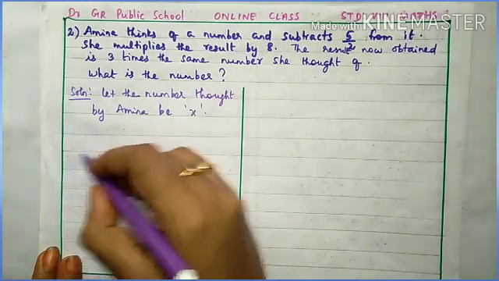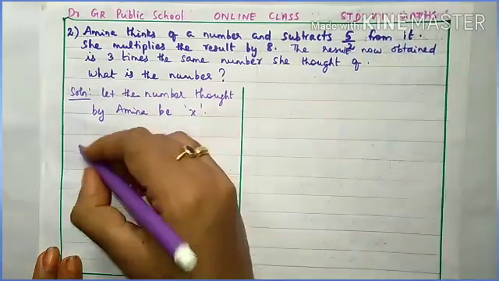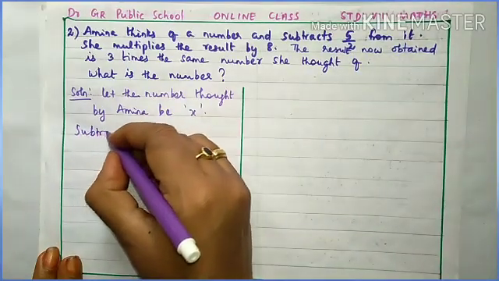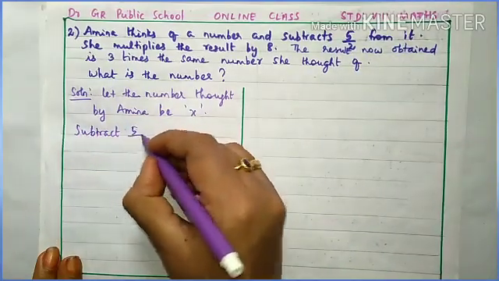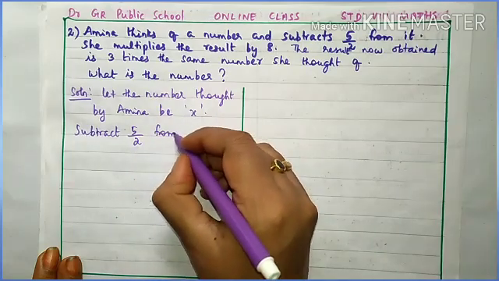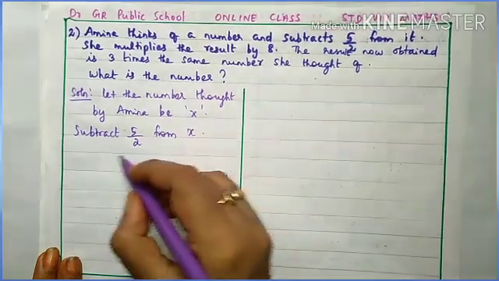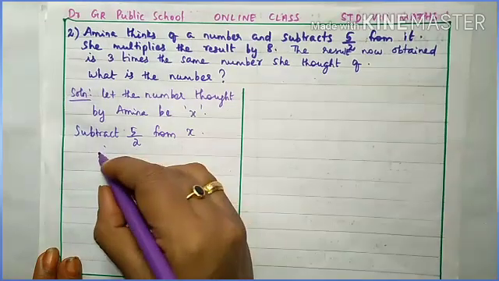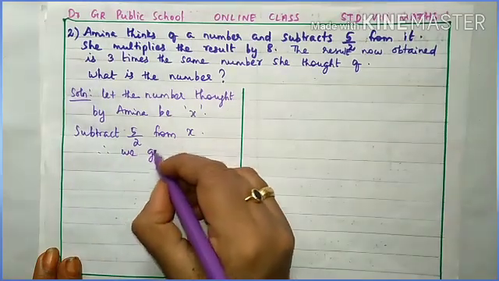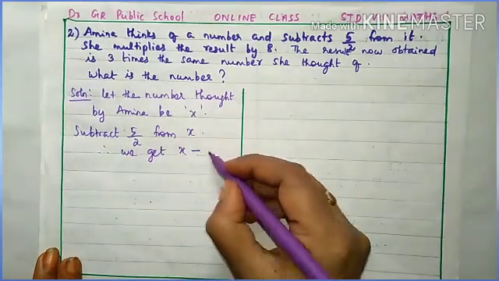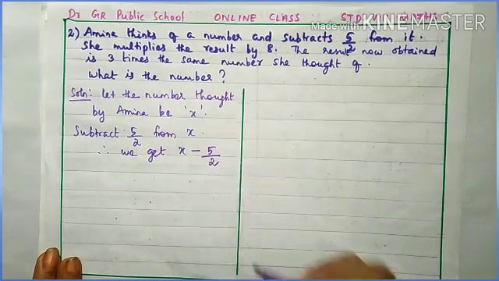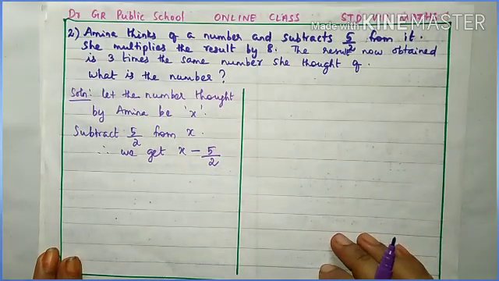Okay, now subtract 5 by 2 from it. So subtract 5 by 2 from x. That is, what is that? Therefore, we get x minus 5 by 2. We subtracted 5 by 2 from x.